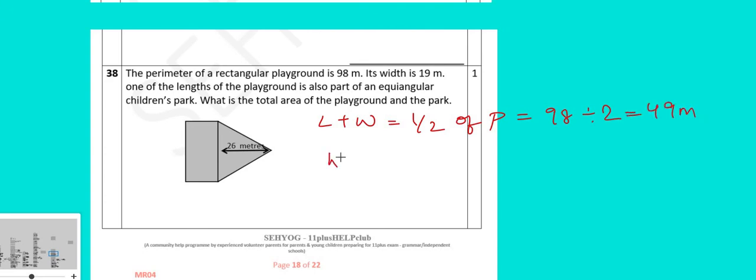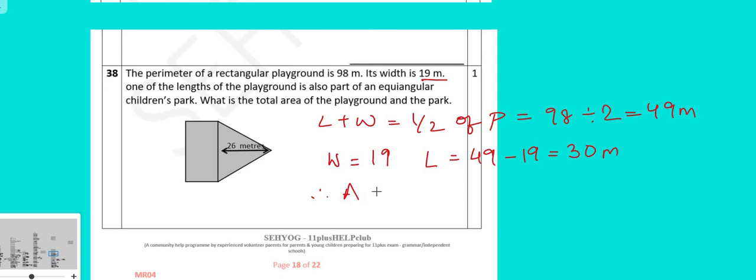The width is equal to 19 as mentioned, and L is equal to 49 minus the 19, which is equal to 30 meters.